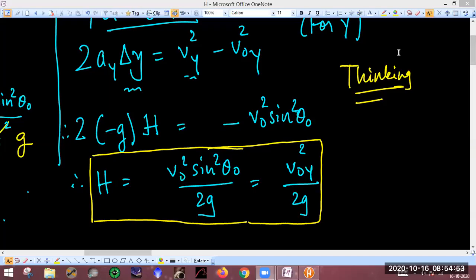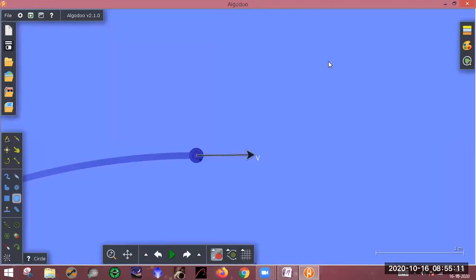There I will write the question. Okay, can you see the screen? I'm screen sharing there. Sorry, now you can see Algodoo, right?